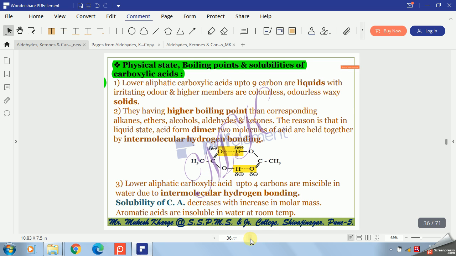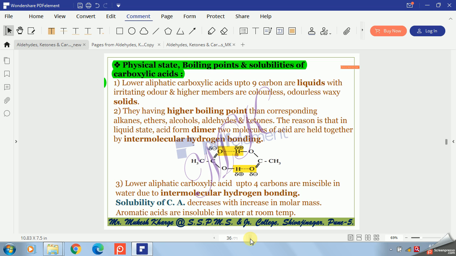Okay, then physical properties, boiling point and solubility of carboxylic acid. Lower aliphatic carboxylic acids up to 9 carbons, the first 9 members, are liquid with irritating odor, and higher members from carbon number 10 are colorless, odorless, waxy solids.